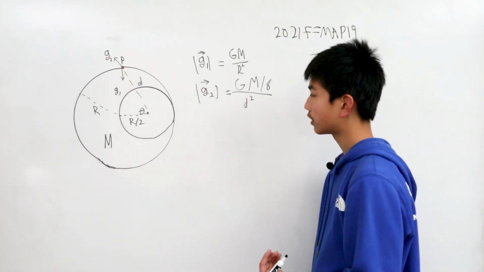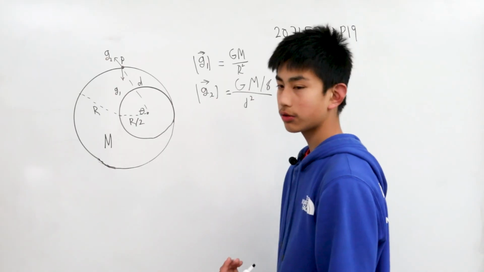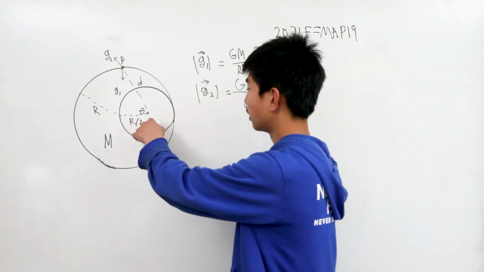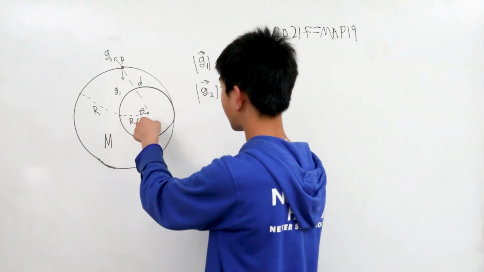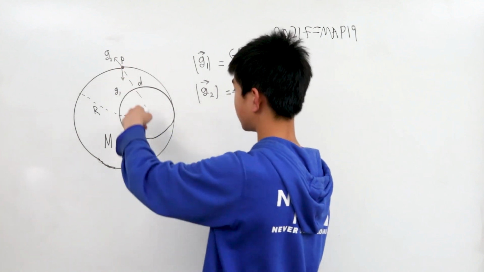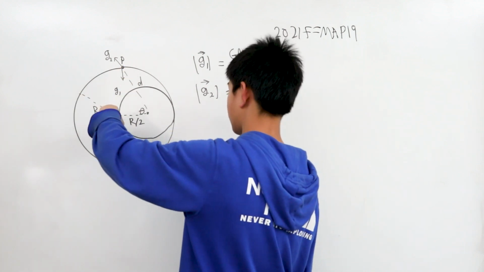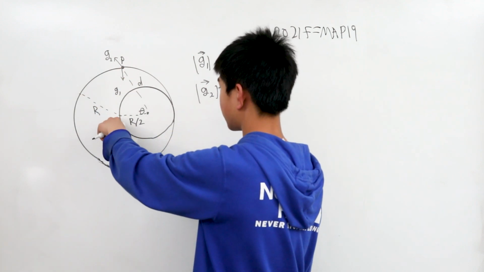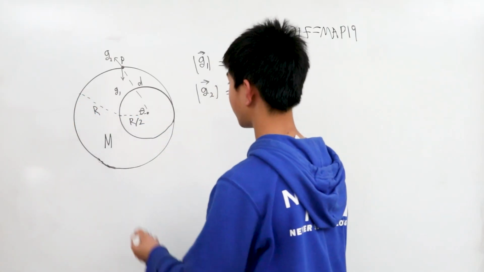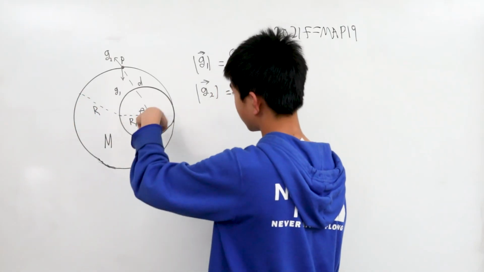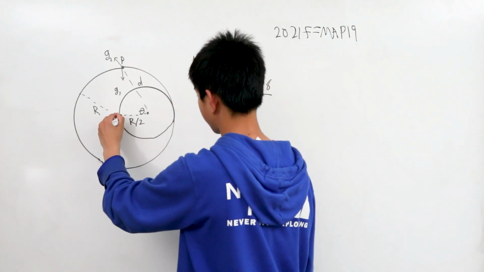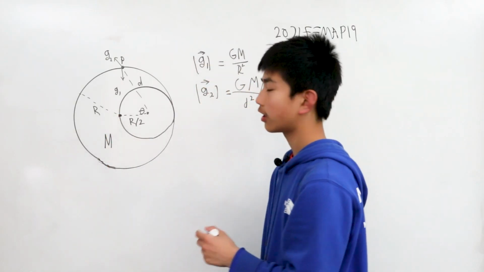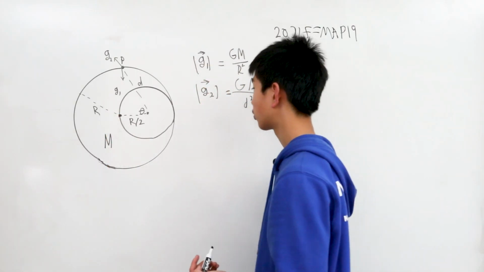Well, for distance, if we look at the lines we drew, which all represent something, this is the radius of the cavity, this is the distance, and this is the radius from the center to the edge of the planet, because we know that this is a half, therefore this point must be the center of the whole planet, including the cavity, but that's not really important.